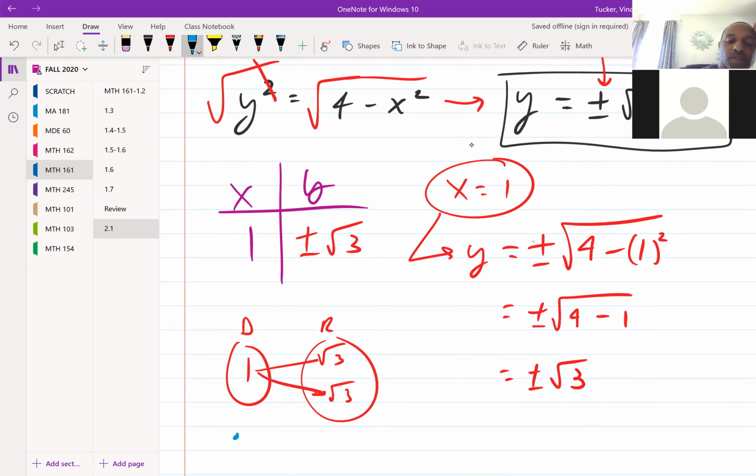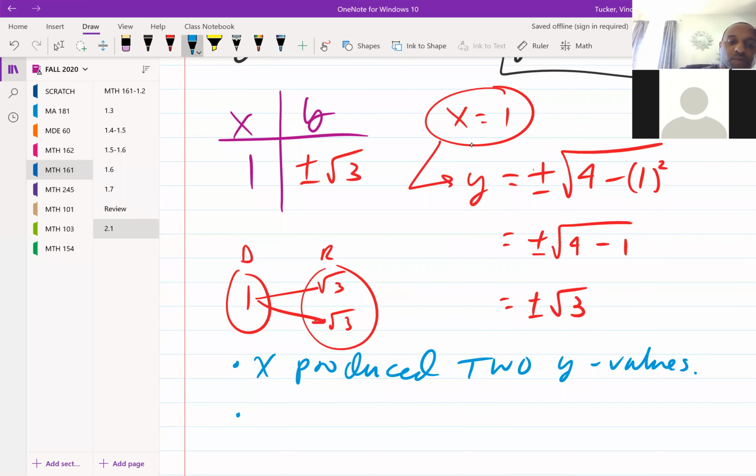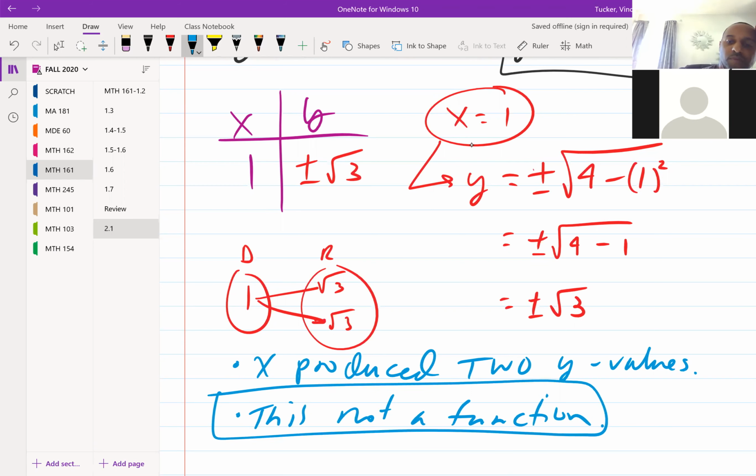So x produced two y values. So this is not a function.